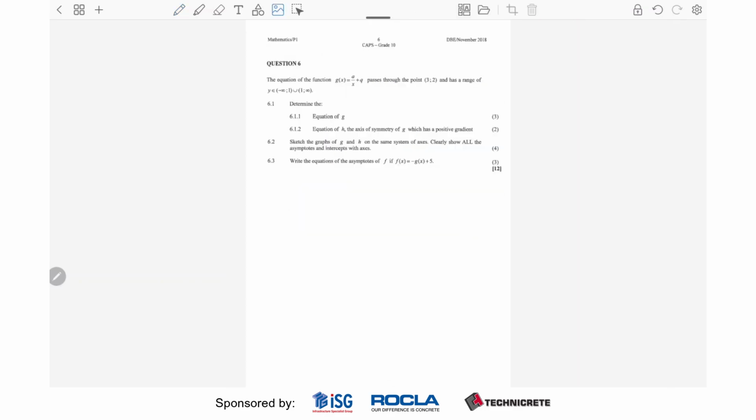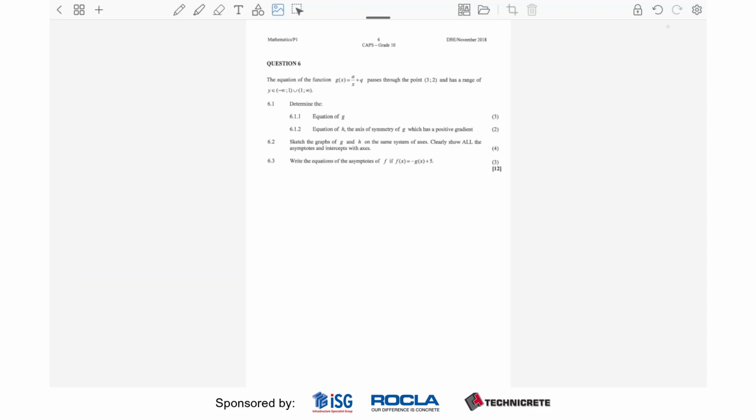Okay, for question 6, it says the equation of the function g of x is equal to a over x plus q, passes through the point 3.2 and has a range of y being an element from negative infinity to 1 and also from 1 to infinity.